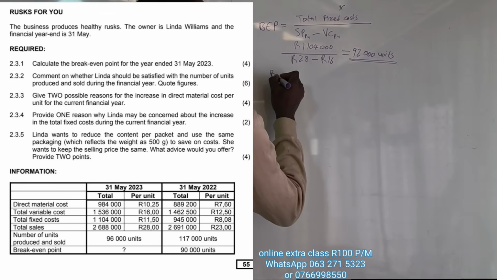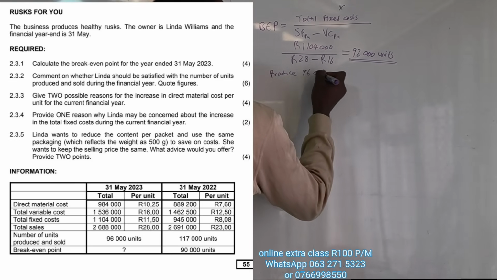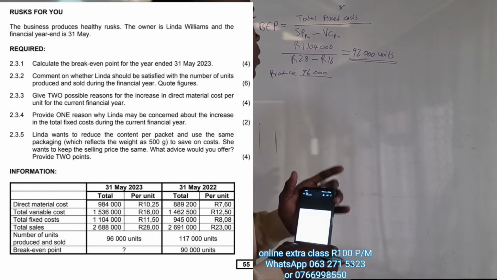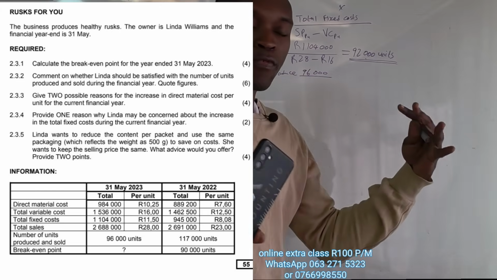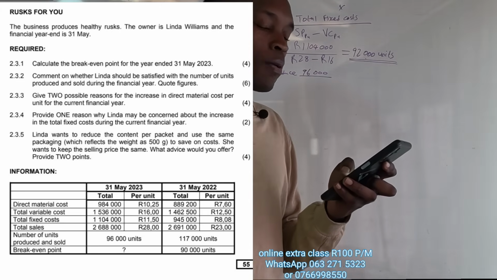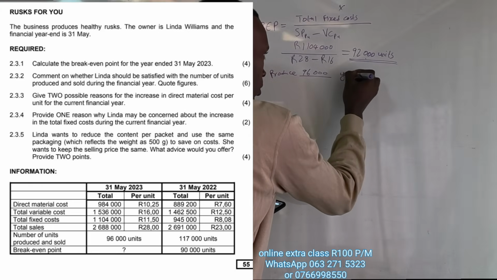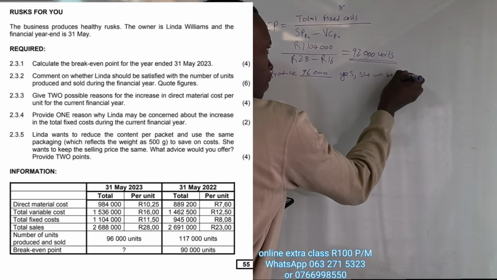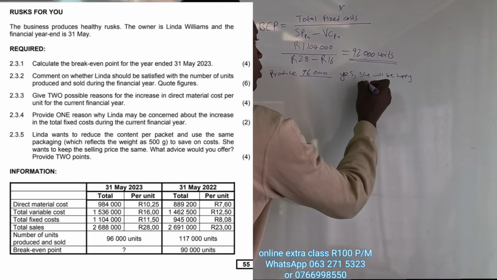She produced 96,000, which is more than the break-even point, which means that the extra 4,000 units are going to make a profit. So now the question is, is she going to be happy? When you compare these two, yes, she will be happy. Why happy? Because she's going to make a profit with 4,000 units.